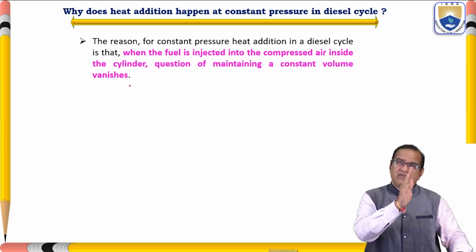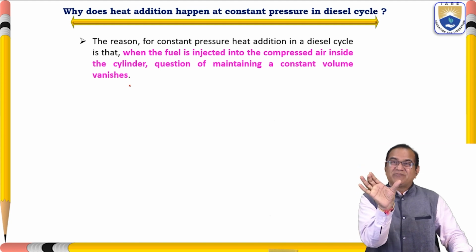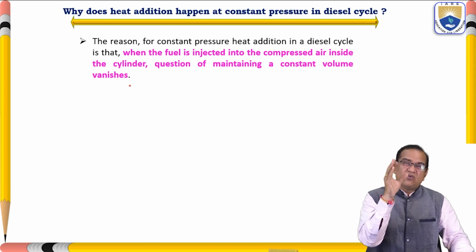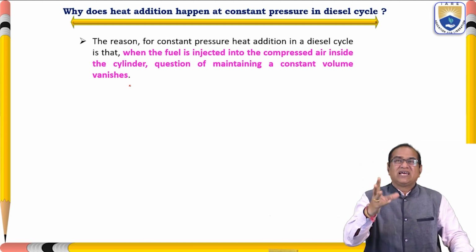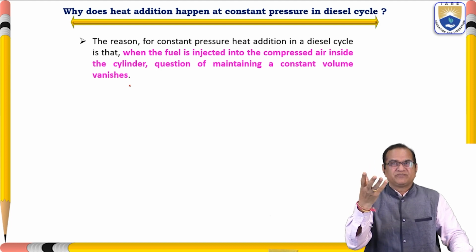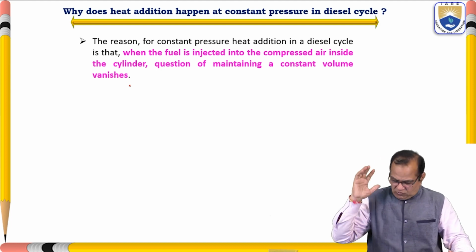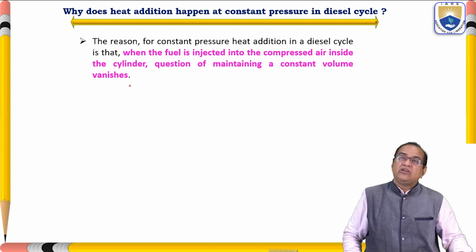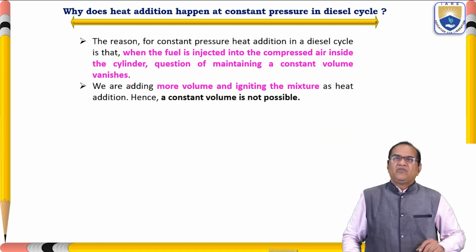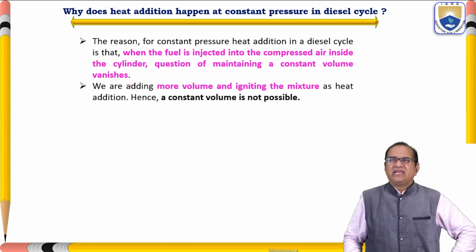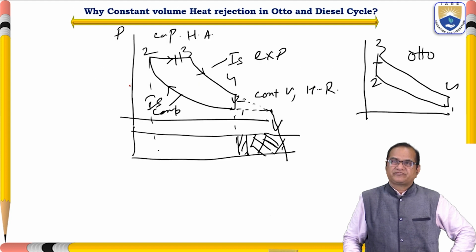If we are giving constant pressure like this, you get some time. But for constant volume, it should burn very fast, like an explosion, and that will give a huge amount of jerk and huge amount of problems. We are adding more volume and igniting the mixture as heat addition. Hence, a constant volume is not possible.